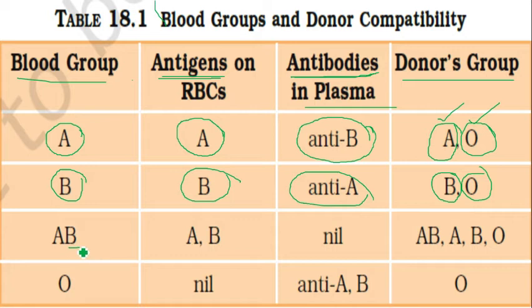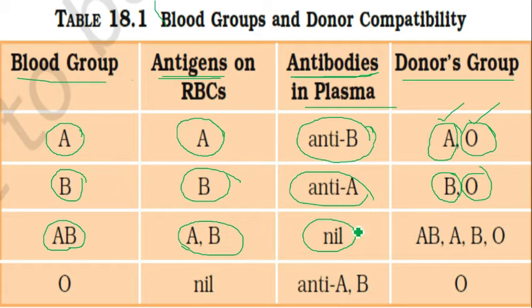Then if you see the AB blood group people, they contain both antigens, A antigen and B antigen, on their body surface, on their RBC. Then if you see antibodies, there are no antibodies to fight with antigens. Hence, because of the absence of antibodies, AB blood group people can take blood from all other blood groups.